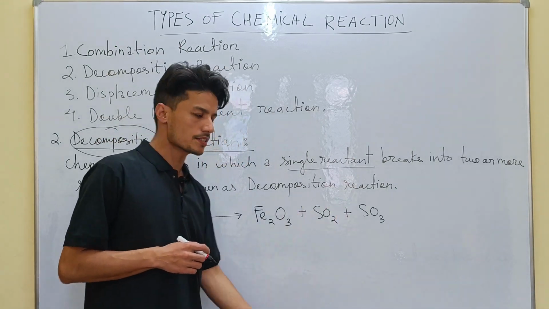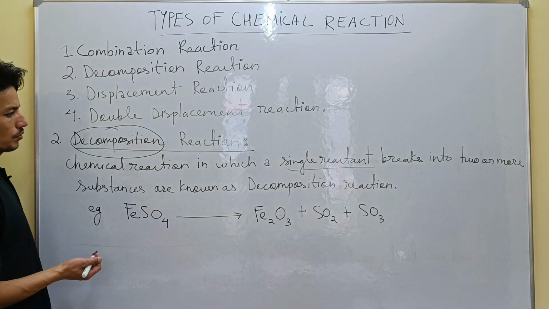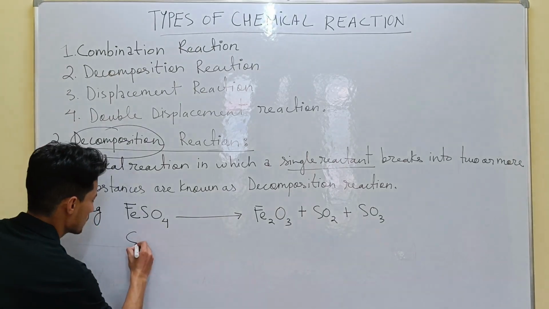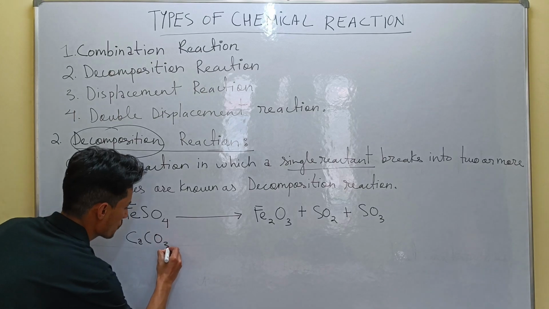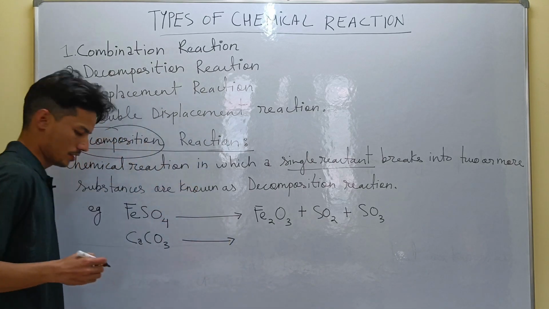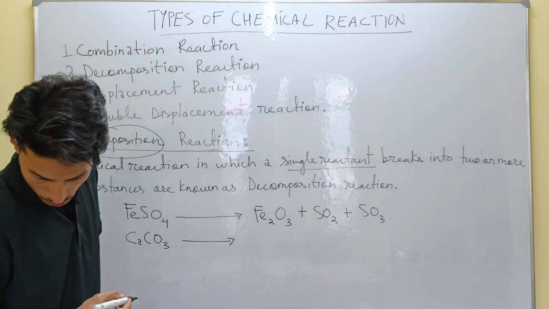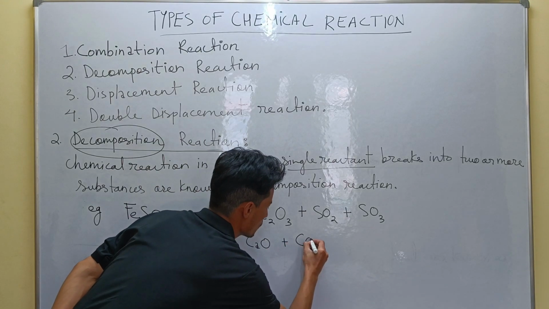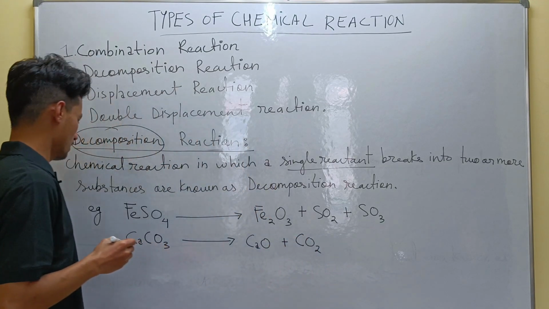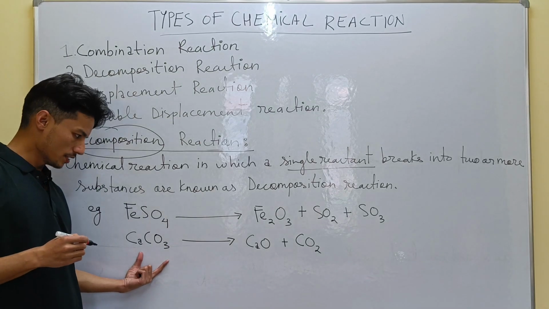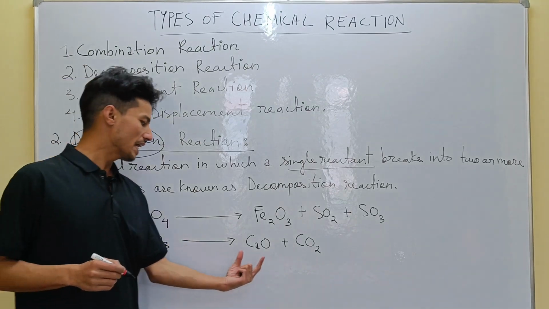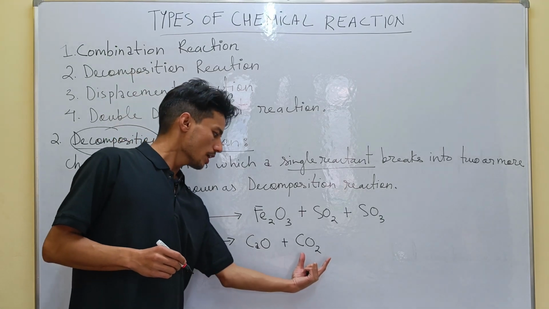If you find that this example is very complex, then we can always take a simple example like CaCO3. CaCO3 breaks to give CaO plus CO2. This is calcium carbonate. Calcium carbonate breaks down to give you calcium oxide plus carbon dioxide.